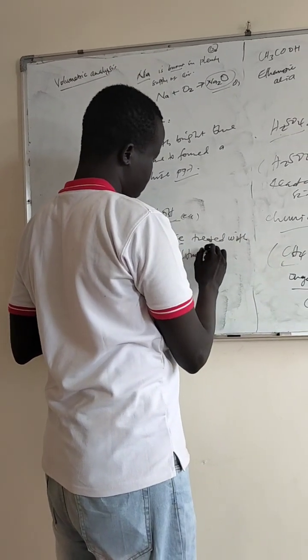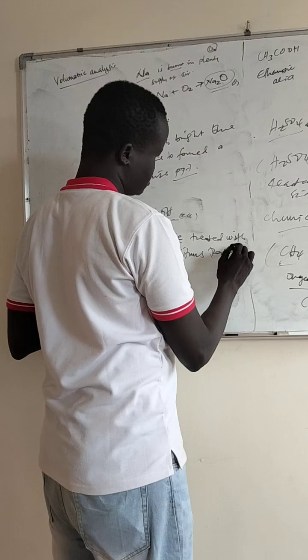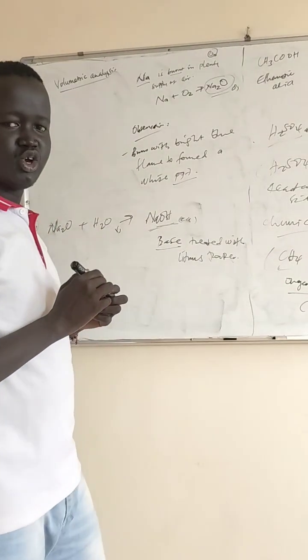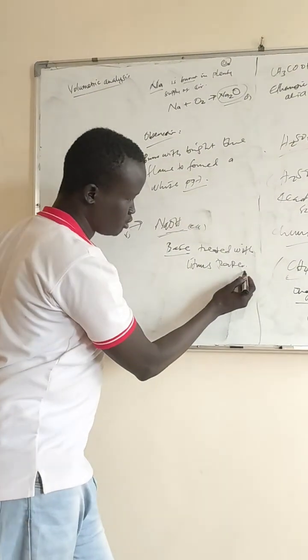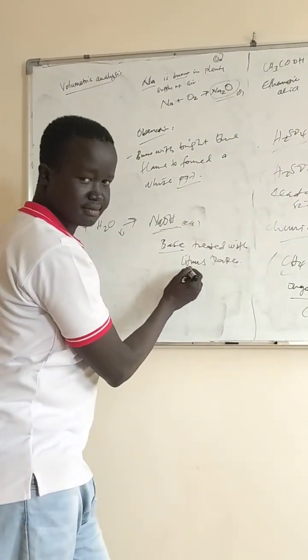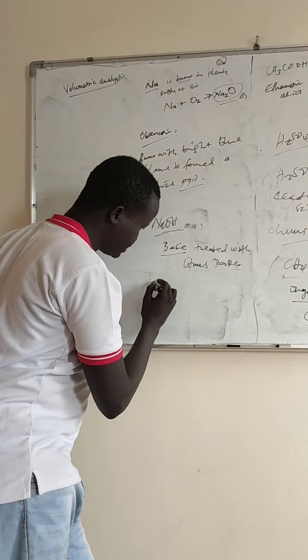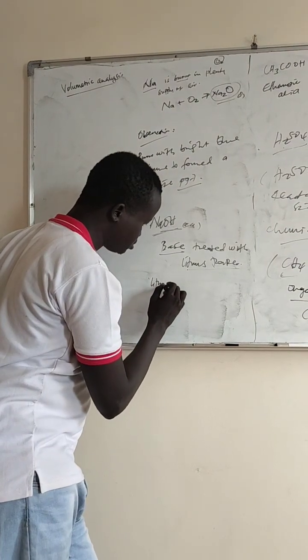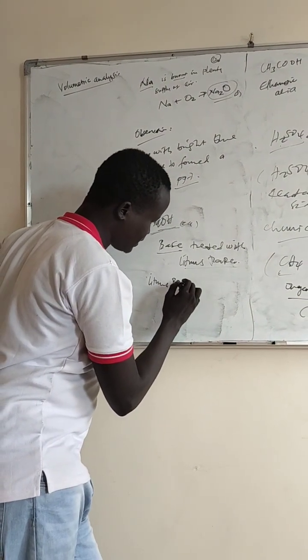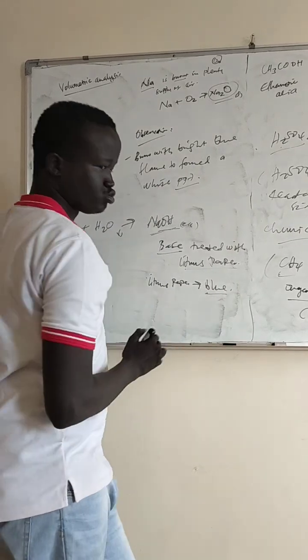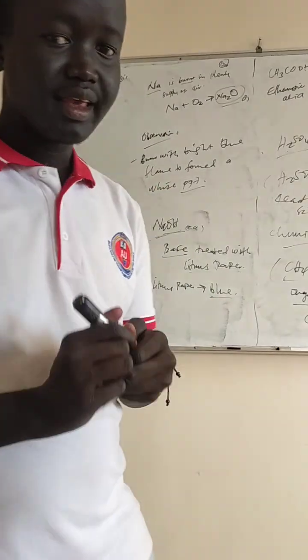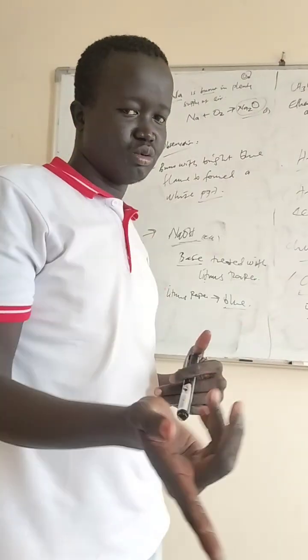Litmus paper. What do you observe? The observation is that when you treat bases with litmus paper, if the litmus paper is red, it turns blue.